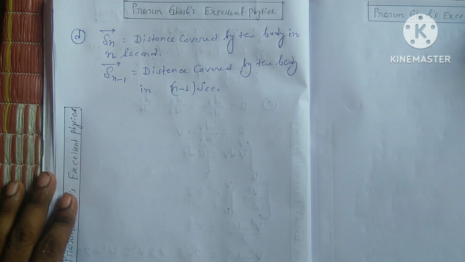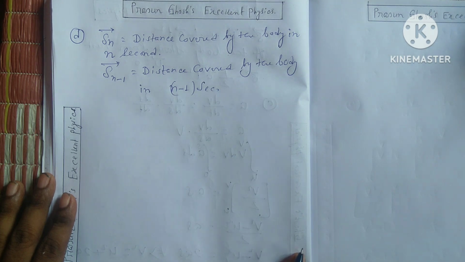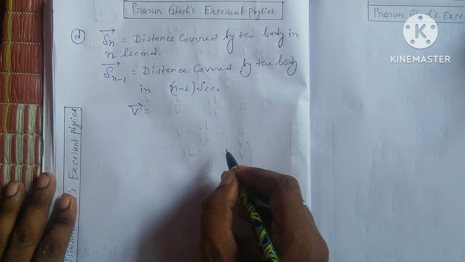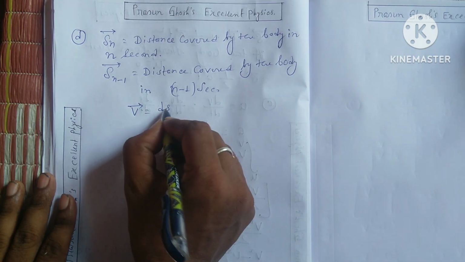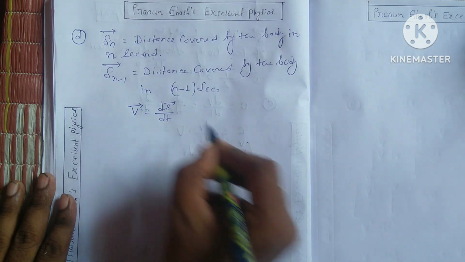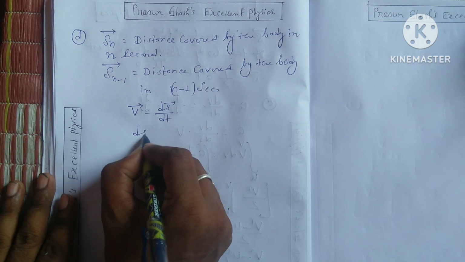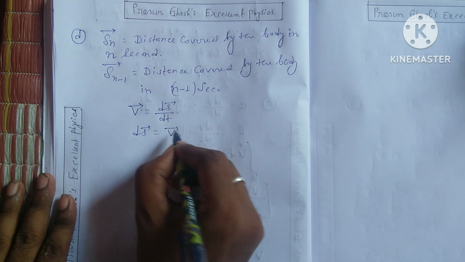Now we come to these equations. We can write v equals ds by dt, where v is velocity. So ds equals v dt.